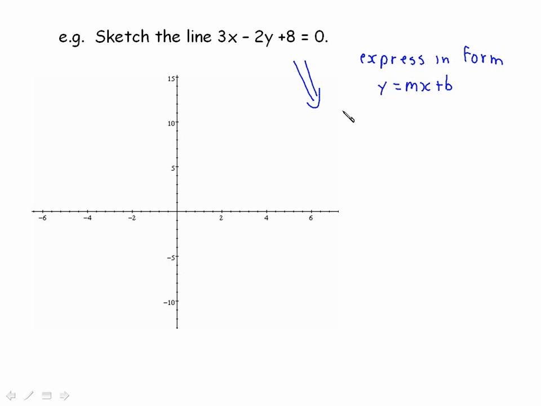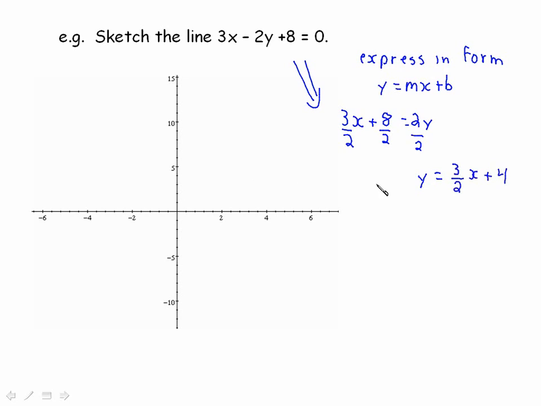So I'm going to bring that 2y over to the other side. The algebra is pretty simple. 3x plus 8 is equal to 2y. And then divide every term by 2. So y, rewriting it with y on the left, is equal to 3 over 2x plus 4.